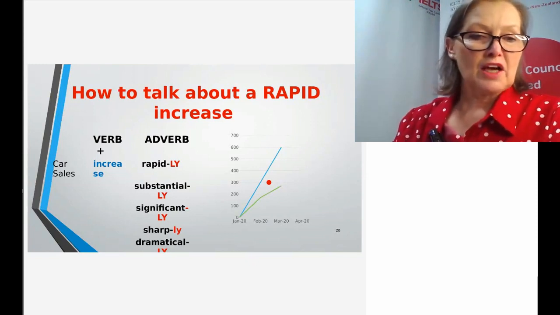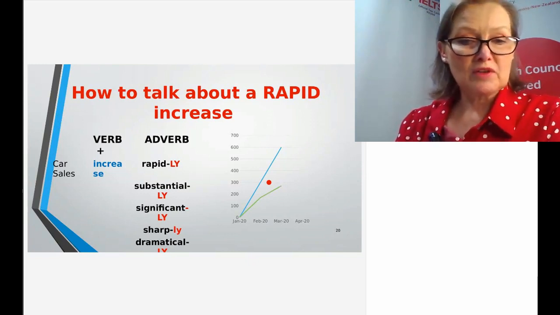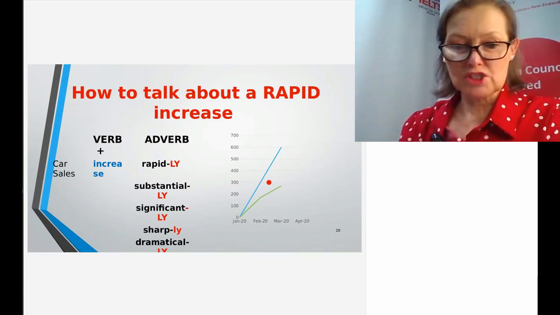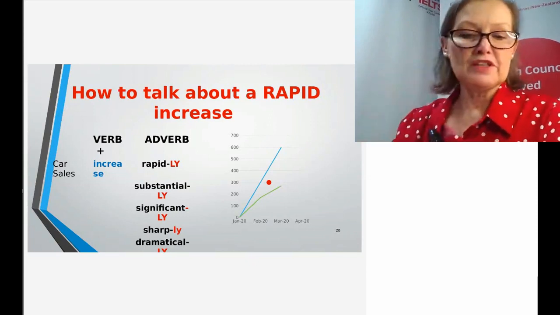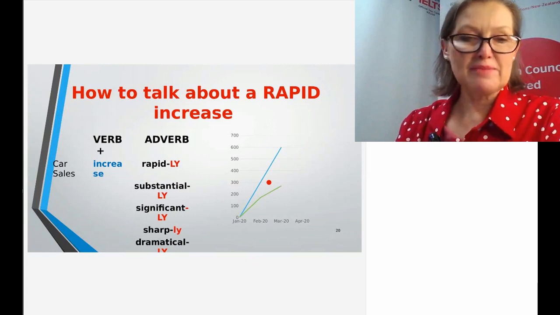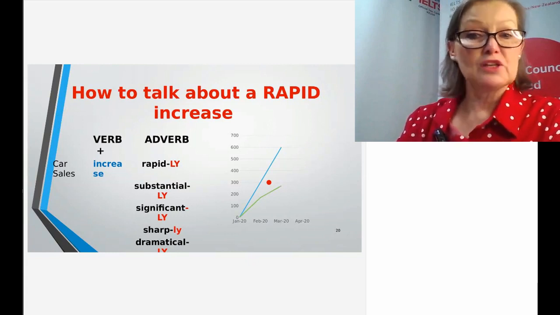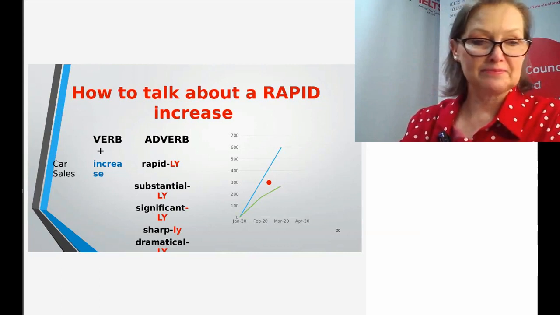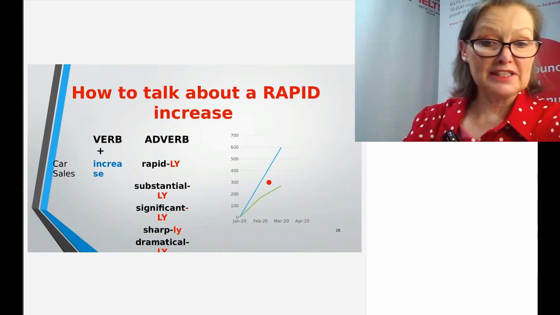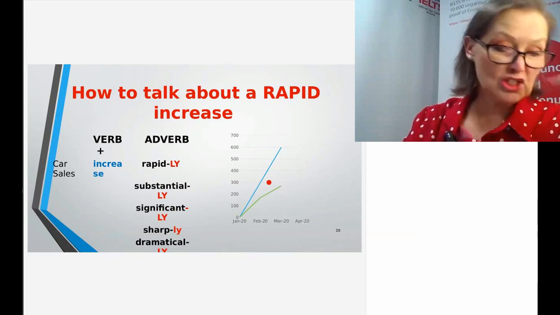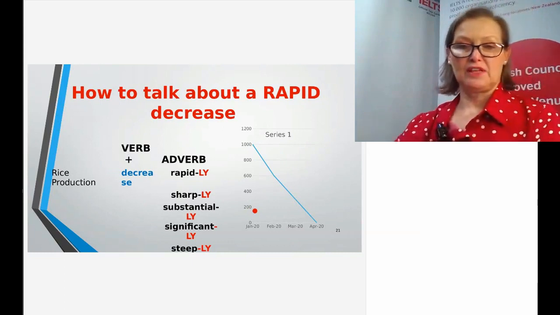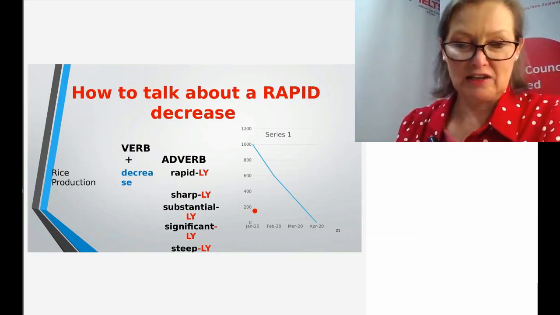So car sales increase rapidly, or substantially, or significantly, or sharply, or even dramatically. And we could use the same adverbs and just change our verb to talk about a rapid decrease. Rice production decreases rapidly, sharply, substantially, significantly, and steeply. And I'll just give you a moment to jot those down.